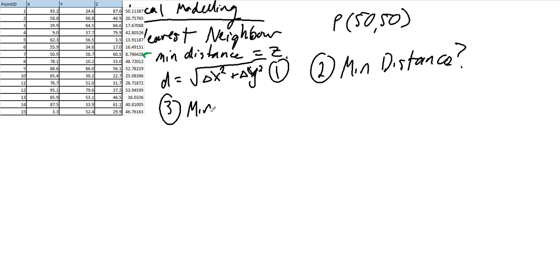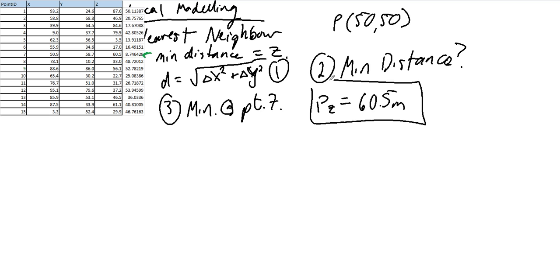So my minimum distance occurs at point 7. And therefore my PZ value is going to be the same value as the Z, so it is 60.5 meters. Done. That's as easy as nearest neighbor gets.